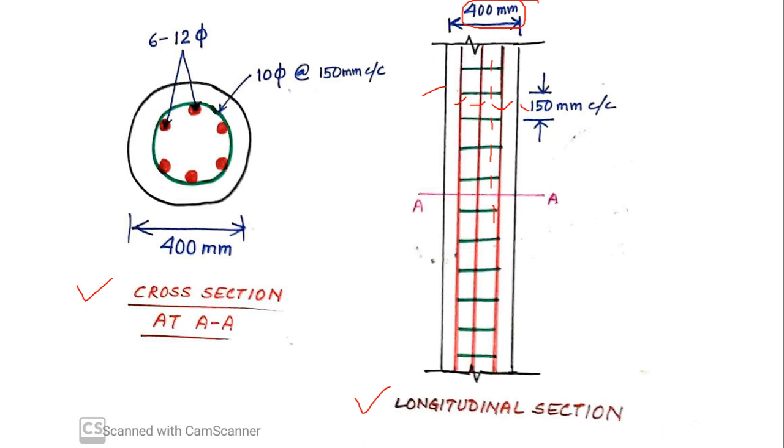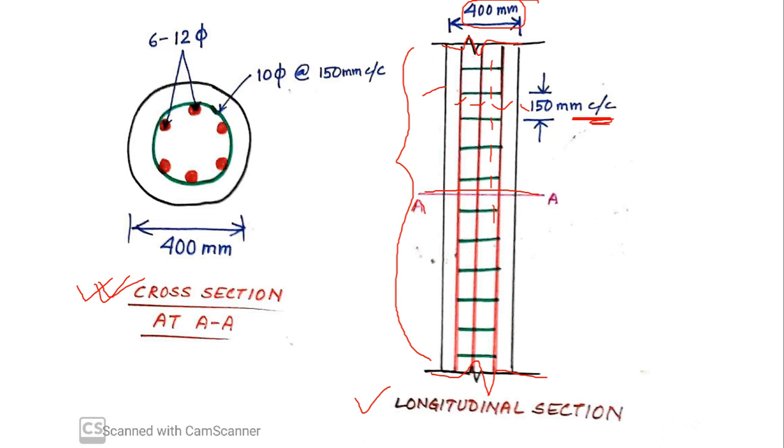The pitch is clearly stated, it is 150 mm center to center. Now this length is only a part of the entire pile length. This length is not 12 meter, it is only a part of it, so I have shown it with this symbol. Now if I take a section at AA, this is what I will be looking at.